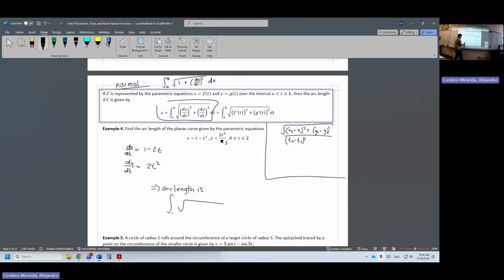It says 0 to 2 of this squared plus this squared dt. And again, if you put that into your calculator, that should give you this number, 6.0109.